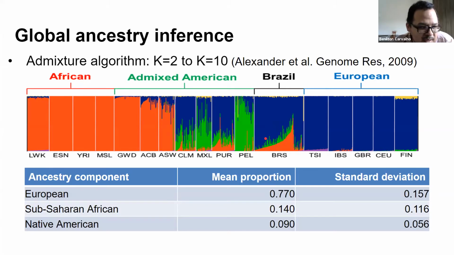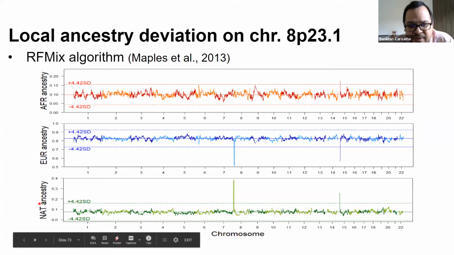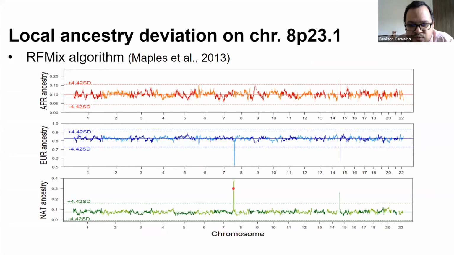from the admixed Americans. This is pretty much what we knew already, but when we start zooming in on what happens on each chromosome, we observed that on chromosome 8 there is a decrease of the European ancestry contribution to the Brazilian genome. Instead, we have Native American ancestry peaking on that very same region.